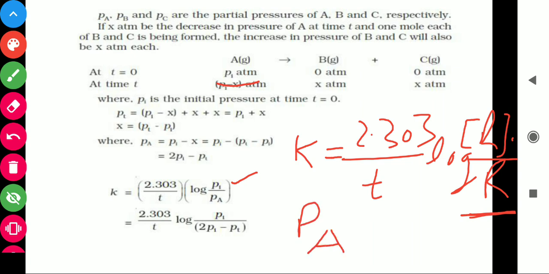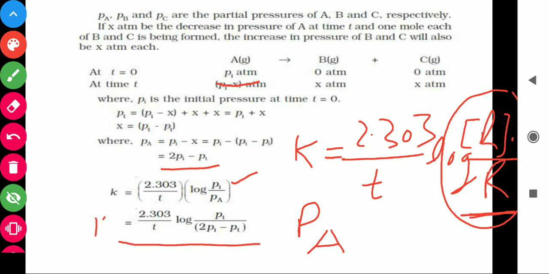So in place of R naught and R, we will keep P1 and PA. When we write the value of PA in terms of P1 and PT, then this equation becomes this.